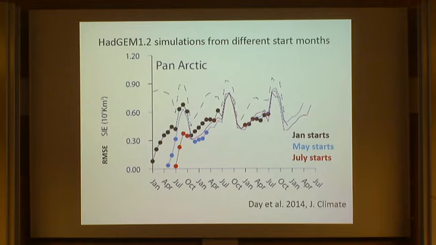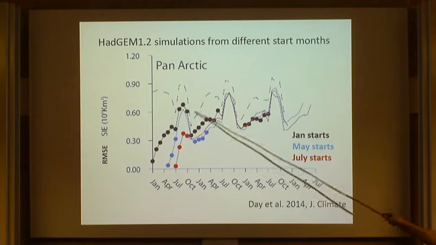This is another study where we show the root mean square error for the sea ice extent prediction from hindcast simulations. For example, the black ones are when you start in January and predict for January and then the following months, and as the dots show, we still have a significant prediction.